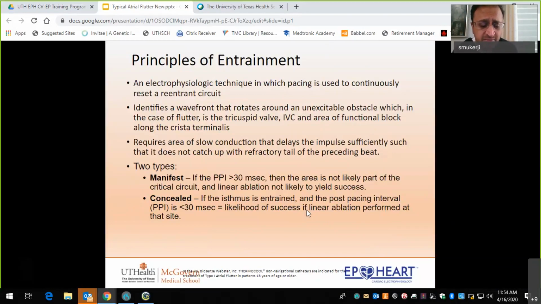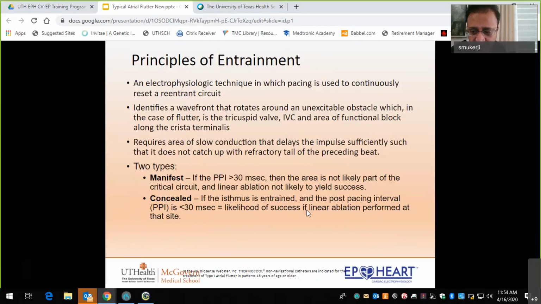So the way to remember it, again, there's a definition, and of course, this is the right definition that you see on the slide, but to make it easy, concealed, when entrainment has been performed in the lab, and the EP doc says, okay, I think the tachycardia is entrained, the resulting morphology, if it is the same or is similar to the tachycardia, that's concealed entrainment. If it looks different, then that's manifest.